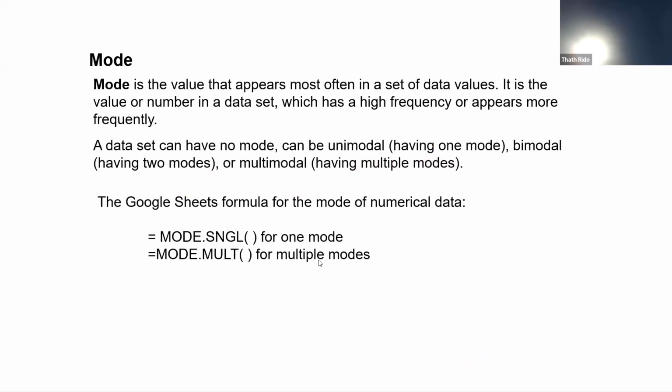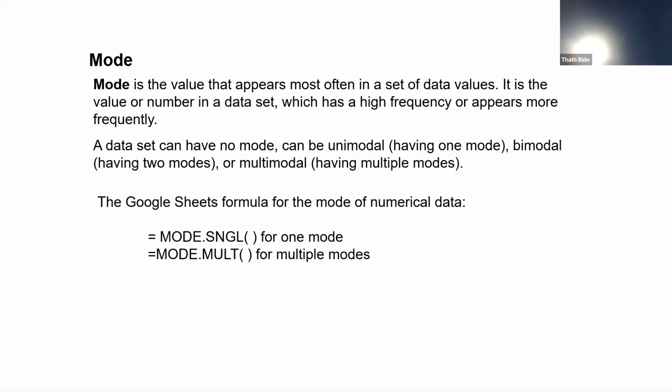Mode. Mode is the value that appears most often in a set of data values. So it is the value or number in the data set which has the highest frequency, or appears more frequently.